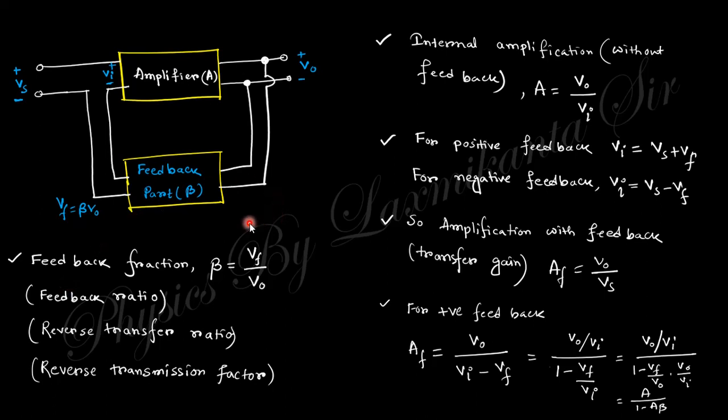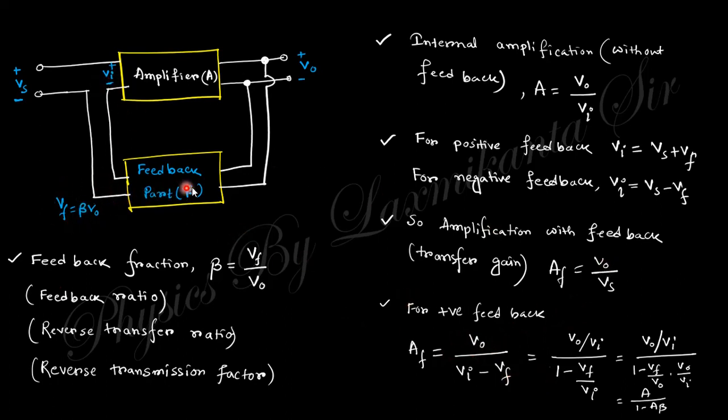So if you want to find out the expression of the feedback amplifier gain, you will get this gain without feedback is output by input. This output by input is the gain. Amplification without feedback. When you use the feedback element, that is Vo by Vs, the total input, and this Vs is nothing but Vi minus Vf.